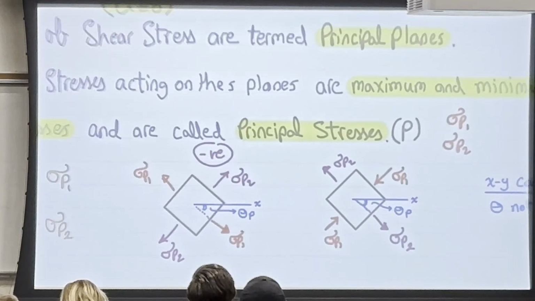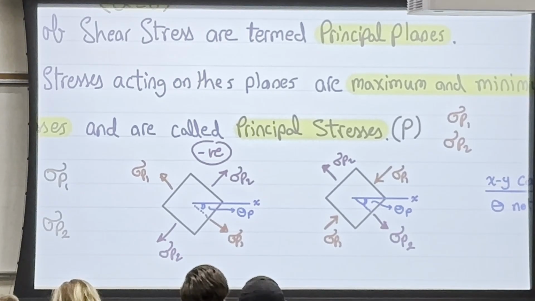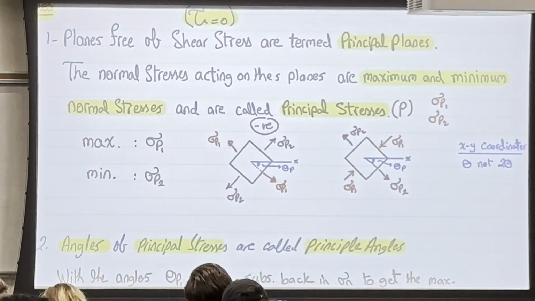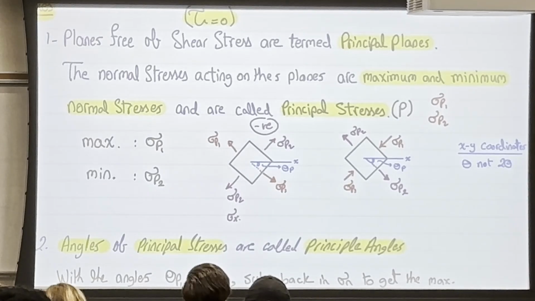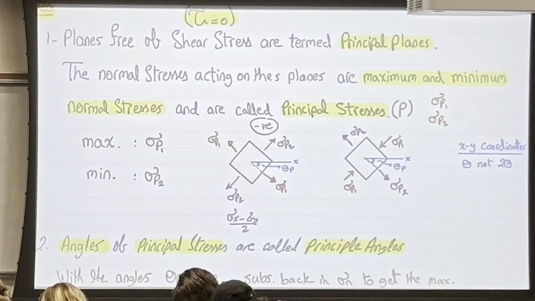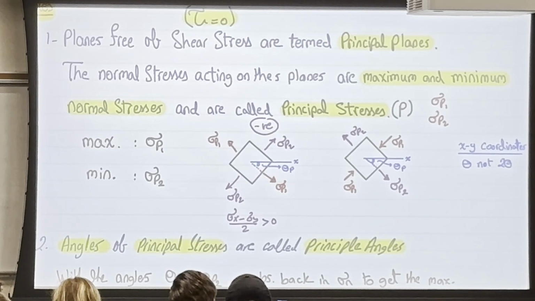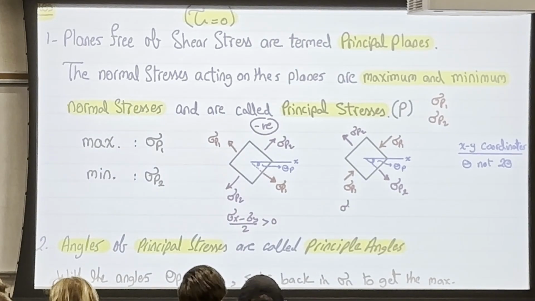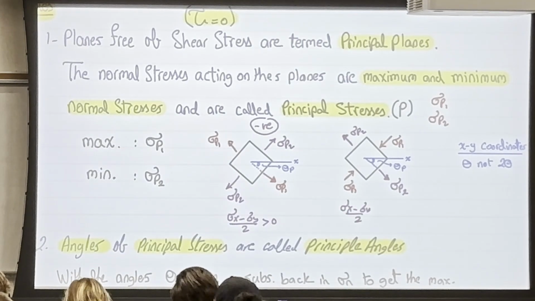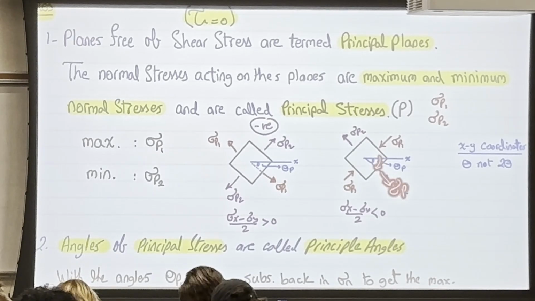So if I wanna apply this in this question, if I do have sigma x minus sigma y over 2, and if this was greater than 0, then the theta took me to P1. Same thing here. If you substituted in sigma x, sigma y over 2, and you got less than 0, then the theta takes you to stress sigma P2. Is that clear?